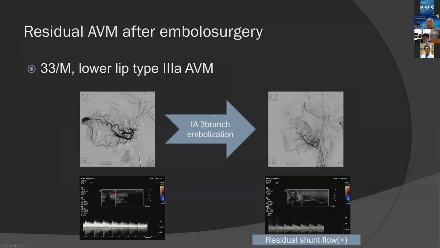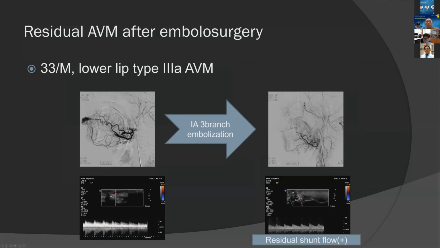However, I showed this slide previously, but the patient showed 100% devascularization after the embolization. However, on follow-up DUS, you can see still residual shunt flow around the surgical resection margin.